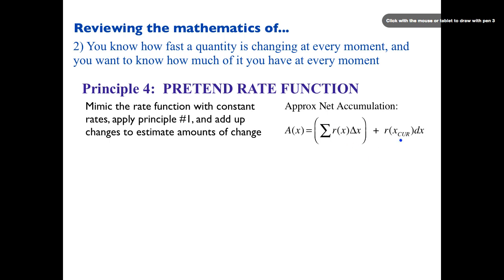And then you might have had a little bit more in the current interval, which ended up being a shorter interval, and you added on a little bit more change for that current interval. So this was the idea behind getting an approximate net accumulation function. Now, I just want to say, this right here is not the function A of x. It's just the idea of it. It's the spirit of it, okay?